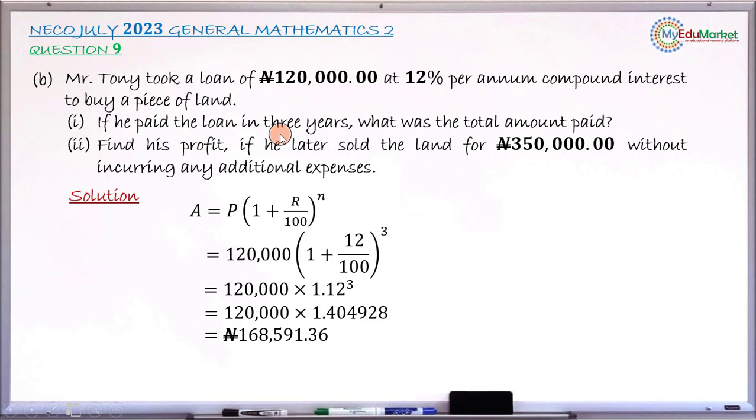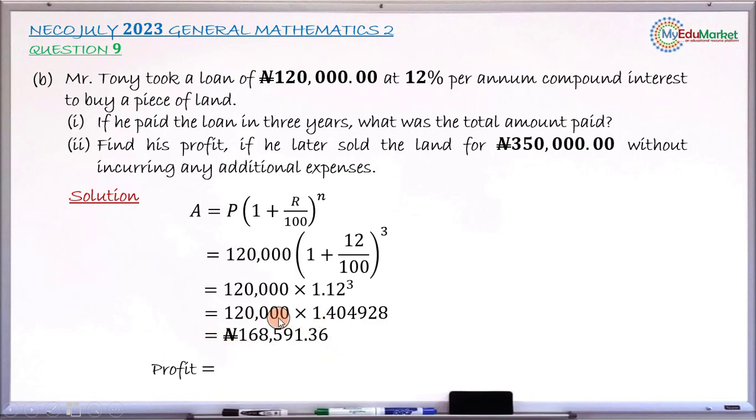So I move to answer Roman 2, which asks us to find his profit if he later sold this piece of land at 350,000 naira. So profit is going to be the selling price, which is 350,000, minus the cost price. The cost price, of course, is going to be 168,591, because this is what he is going to pay the bank.